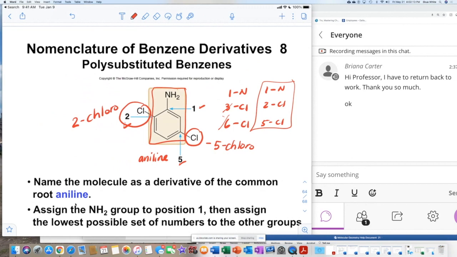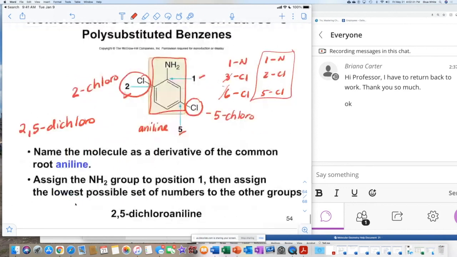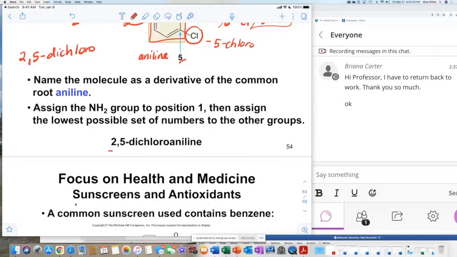But the side groups are the same, so we can combine them to make 2, 5 dash dichloro. Let's see what they do. Oh yeah, 2, 5 dash dichloroaniline. Okay, I mean it seems like a lot, but remember I'm following the same pattern.